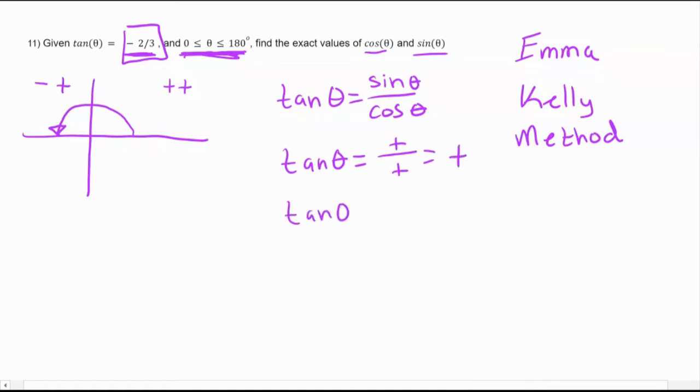Whereas if I put in a negative cosine and a positive sine, a positive divided by a negative is a negative tangent. So since my tangent is negative, I know that my angle is going to land in that quadrant.